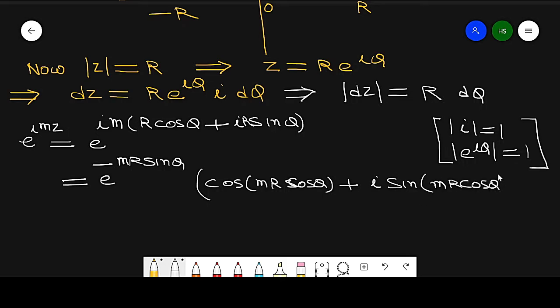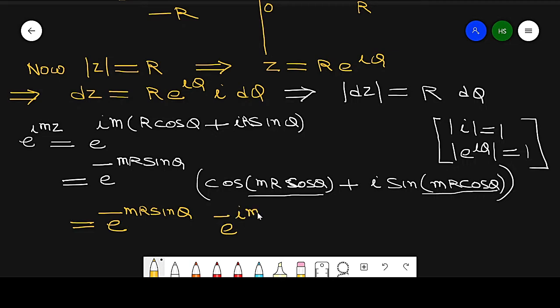Now what is its modulus? It can be written as e raised to power minus m R sine theta into e raised to power iota m R cos theta.